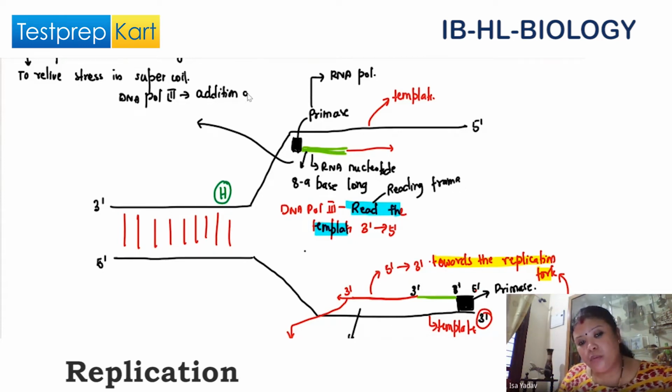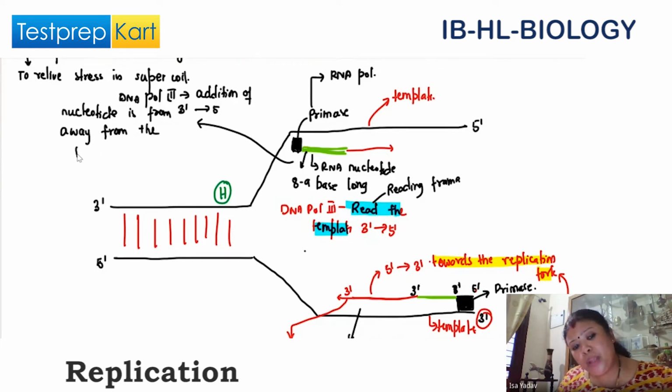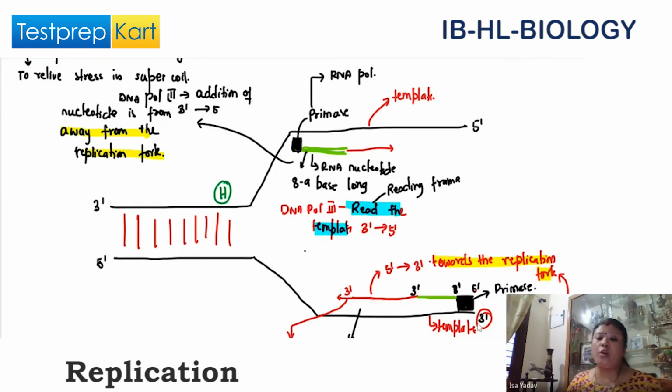the addition of nucleotide is from 3 prime to 5 prime, away from the replication fork. See, read this, away from the replication fork. Here it was towards the replication fork.